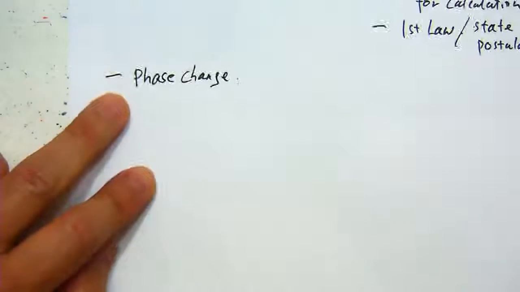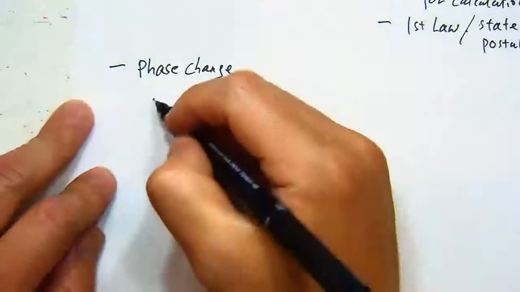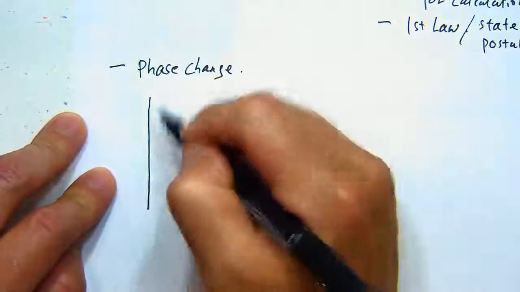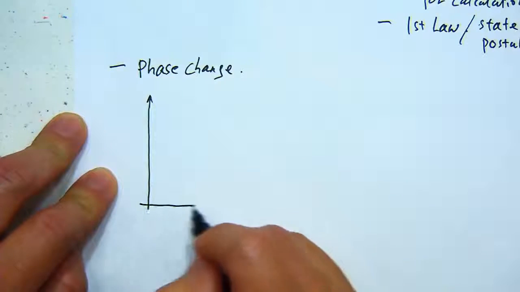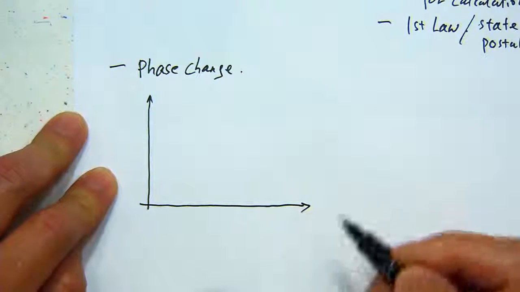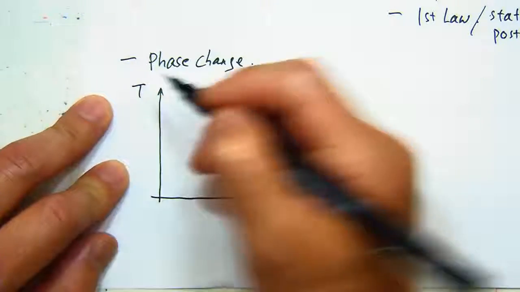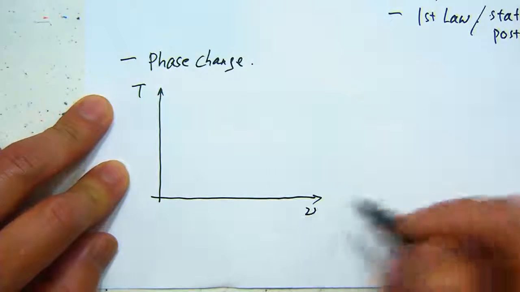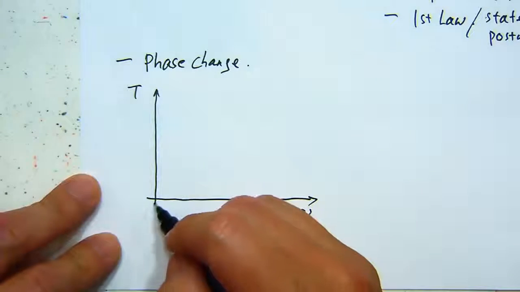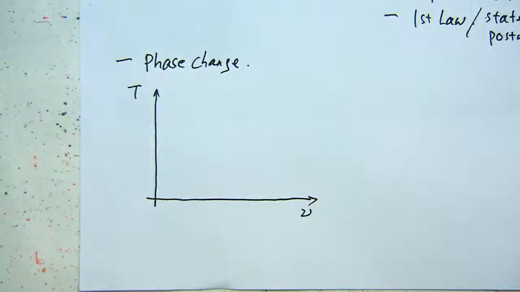So if we consider a phase change process, if we draw a phase change diagram in terms of temperature, and here I want to use volume because that's more convenient and more straightforward.